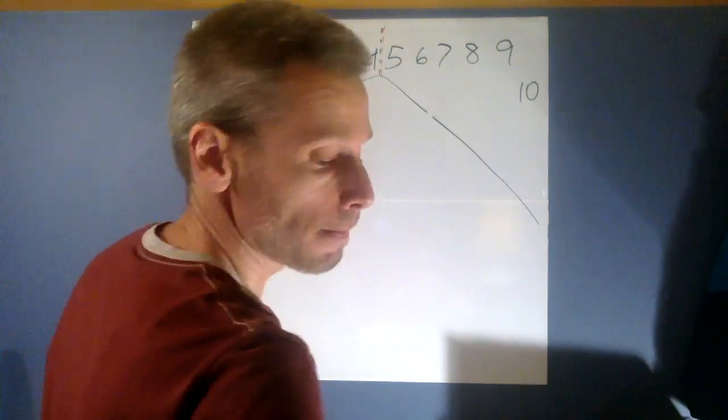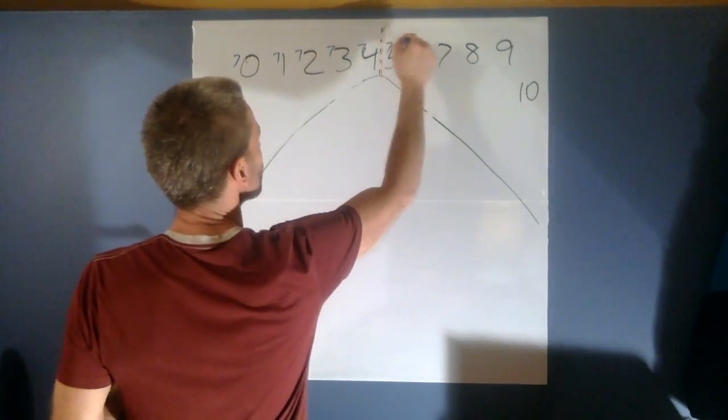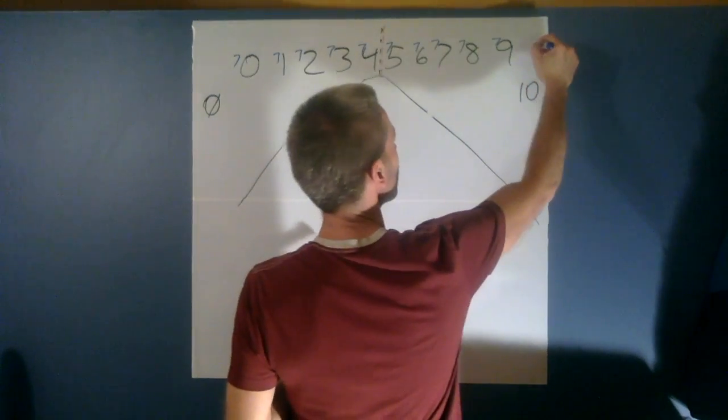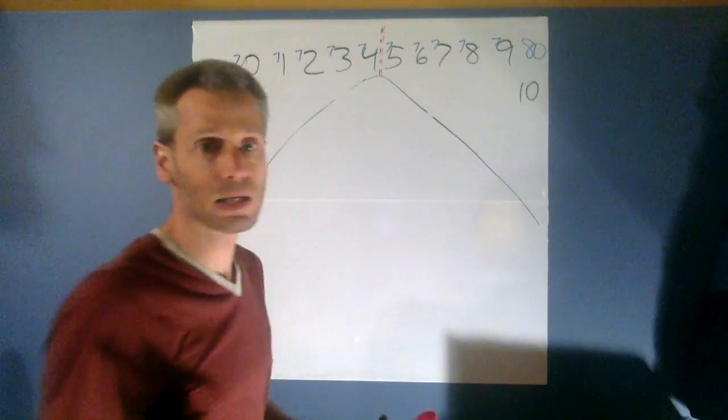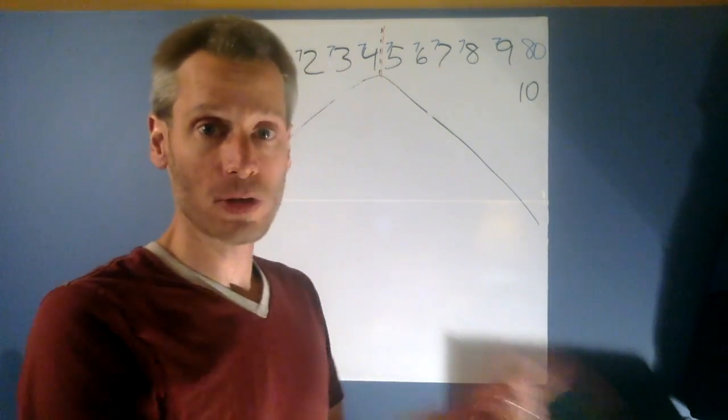So 70, 71, 72, 73, etc. And then after this, instead of 79, the next number is 80. And we want to know, what number is it, which way is it going to go?